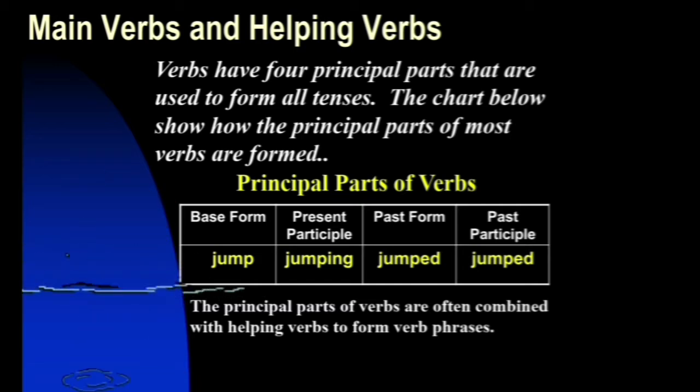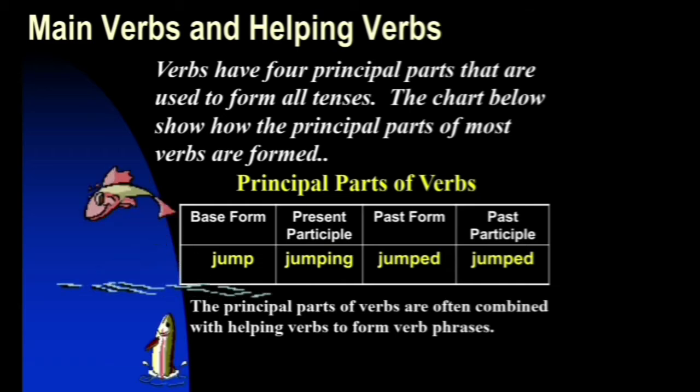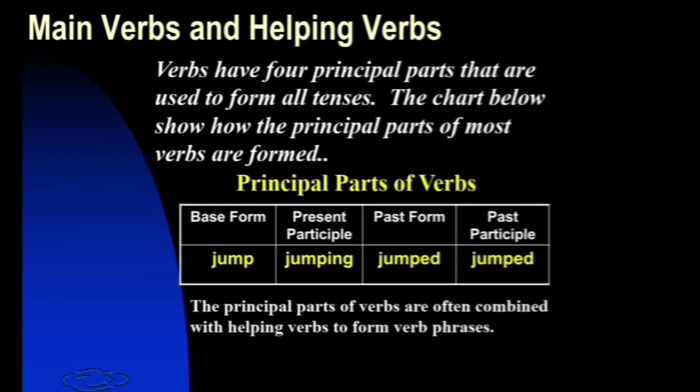Here I am going to tell you about main verbs and helping verbs. Verbs have four principal parts that are used to form all tenses. The chart below shows how the principal parts of most verbs are formed.